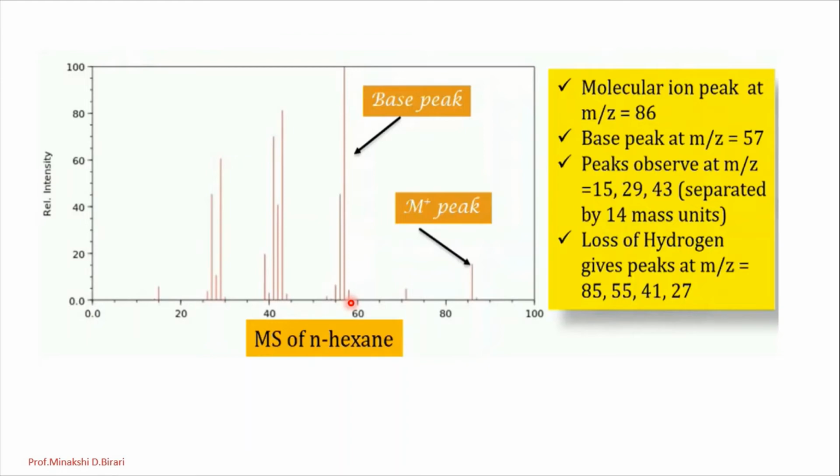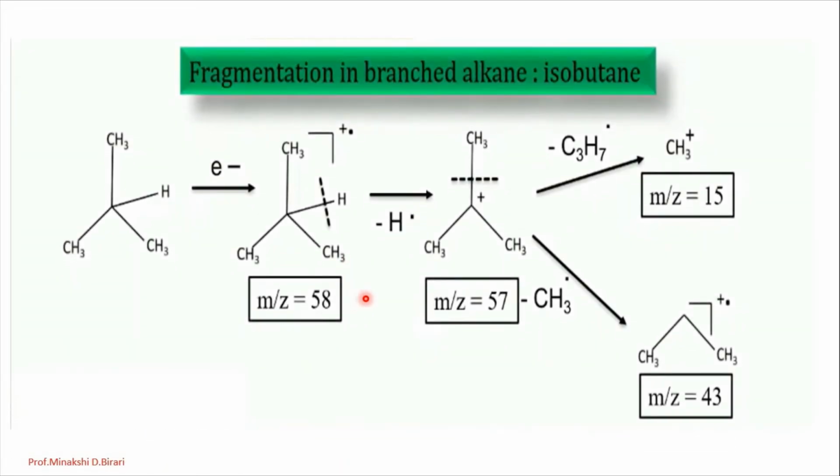Now let us see the next example, that is the branched chain alkane. Here is the fragmentation in a branched chain alkane. Let us see the example of isobutane. Here again the first step is ionization.